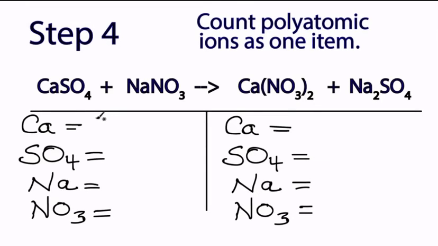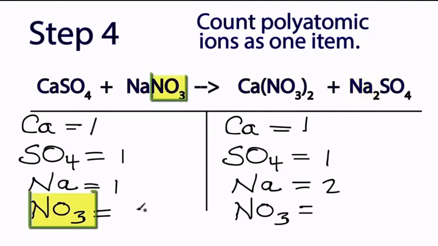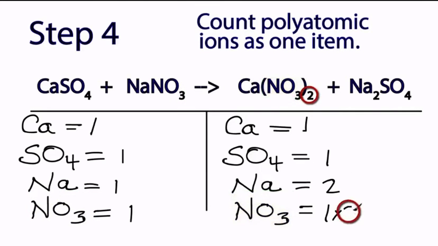You can see I have 1 calcium here, 1 calcium over here, and then I wrote the entire SO4 as one thing. And I have 1 of those here, and over here I have 1 SO4. Na's, 1, 2 Na's on this side, and over here 1 NO3, but that 2 on the outside means I have 2 of them.